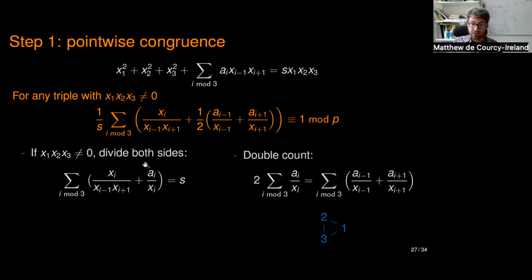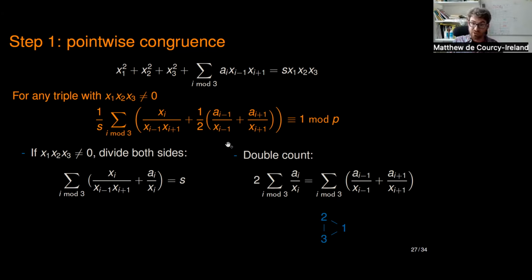On the other hand, you can double count this ai over xi. So instead of just counting like 1, 2, 3 for the indices, each i is going to occur twice as a neighbor of the other two. So instead of summing ai over xi, you can sum the other two, and you're just going to get each index twice.